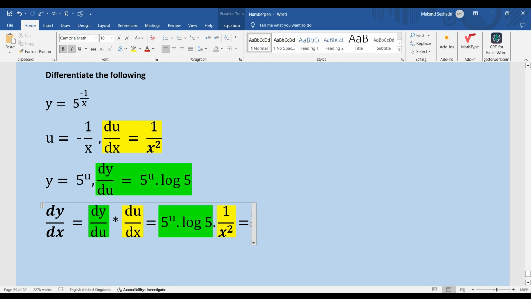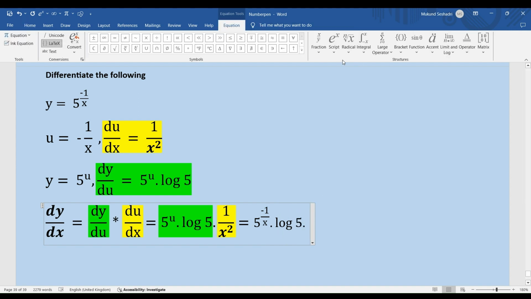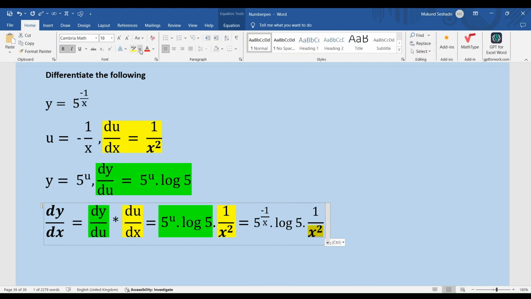That leaves me with 5 to the power minus 1 by x times log 5 times 1 by x square, right? So that's my final answer.